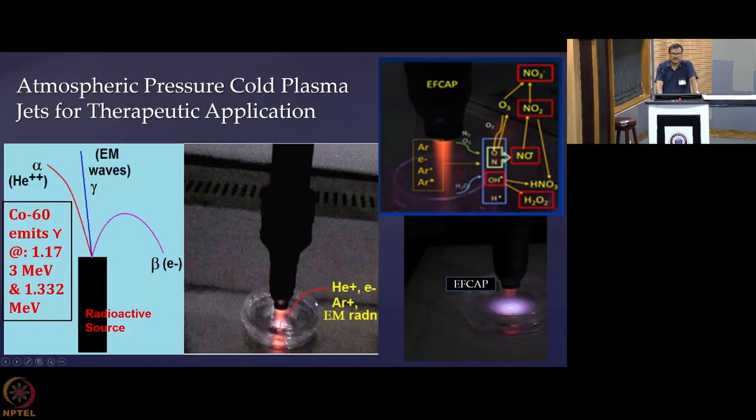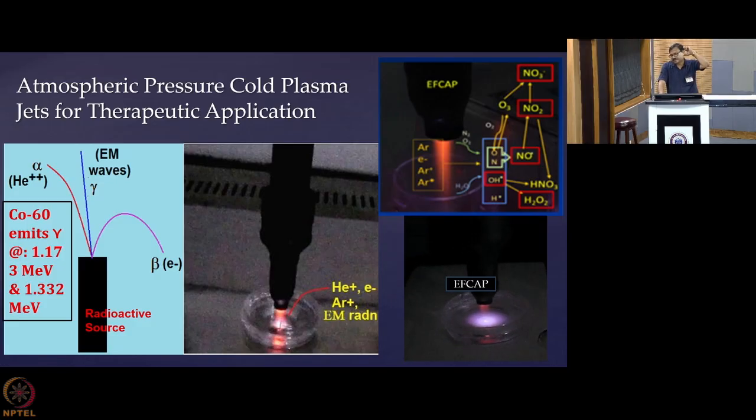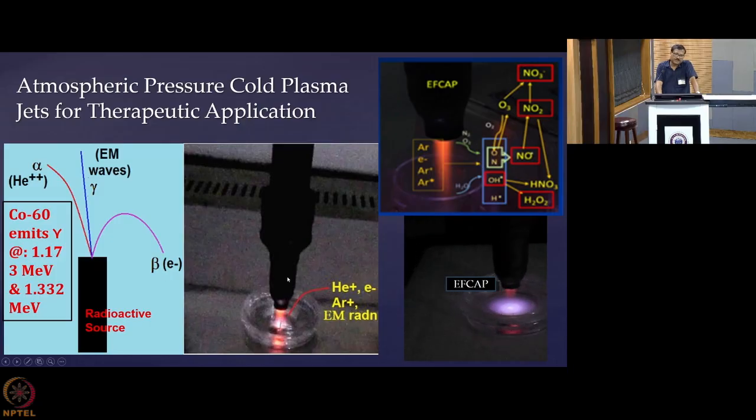But in our plasma, we can control the energy of the alpha particle that is getting generated from the plasma. Similarly, we can control the energy of the electrons as well, and of course, changing media, we can change the electromagnetic waves, but they are all not in the range of MeV, not even in the keV. They are in the eV range.